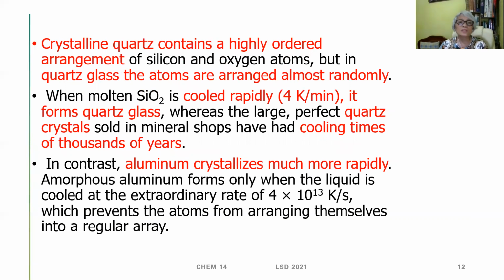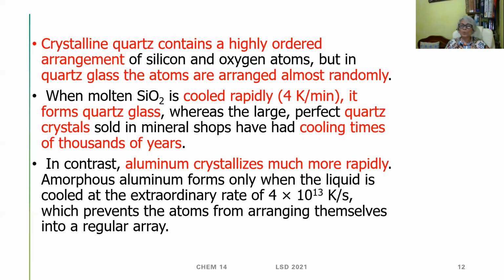Now, crystalline quartz contains a highly ordered arrangement of silicon and oxygen atoms, but in quartz glass, the atoms are arranged almost randomly. We know that: crystals are highly ordered, while the amorphous glass in this particular example is arranged randomly.